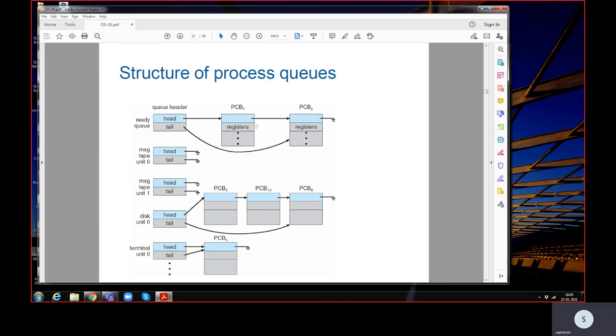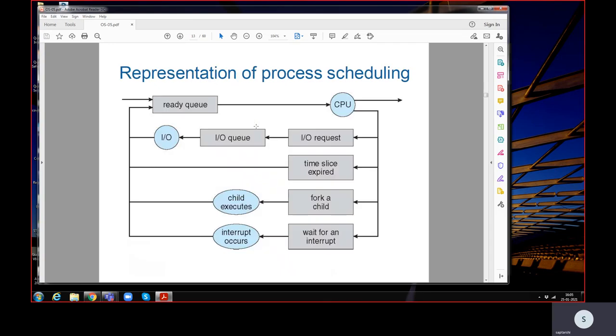Now this was a very high level definition, a high level picture of queues. Also, let me show one picture more, which is this. I was telling you a few minutes back that how the state of a process changes from its start till its termination can be represented in different ways.